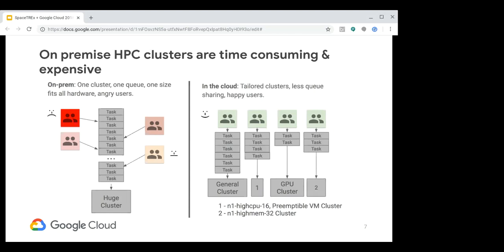If you need single-digit microsecond latency, InfiniBand is still your best choice, and we don't have that. What we do have is node-to-node latency in the low double digits, like 15 to 18 microseconds. But one thing we offer that is potentially interesting is that you don't need these fast interconnects if you can get away with a denser node.